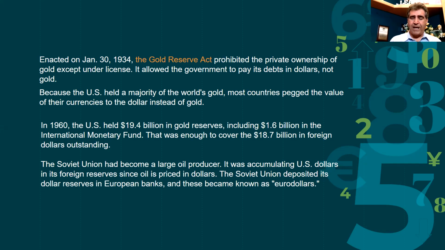So what happened, because of the large oil reserves that the Soviet Union had, they became a big producer. And because they were accumulating US dollars in their foreign reserves, and remember that the dollar was the currency of petroleum or oil, the Soviet Union deposited its dollar reserves in European banks, and that idea became the eurodollars. That's where the eurodollars come into existence.